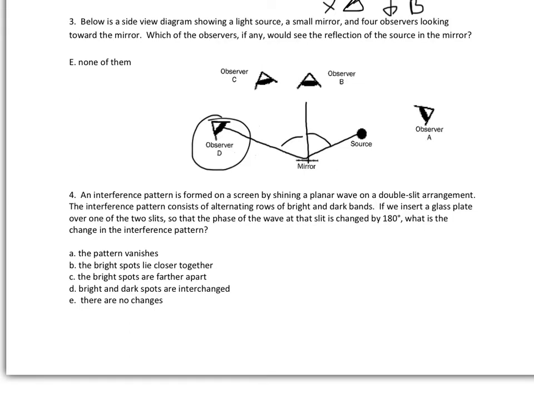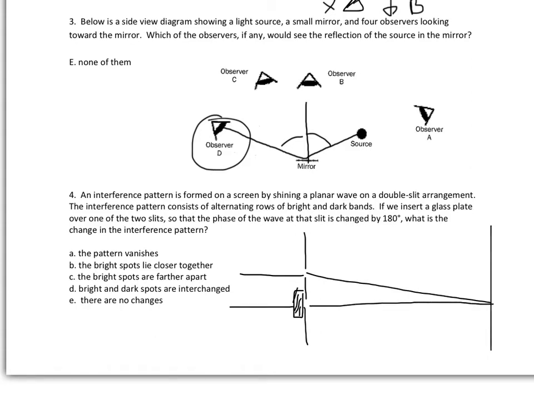In problem 4, we're given a situation in which an interference pattern formed by shining a planar wave on a double slit arrangement is altered by putting a glass panel or a glass plate over one of the slits. So if we imagine putting some glass here, then the rays coming through and converging here will have different phases because this glass plate shifts the phase here by 180 degrees or pi.